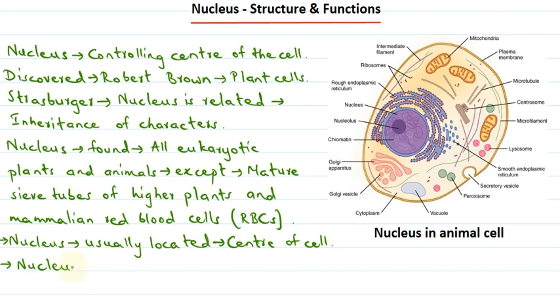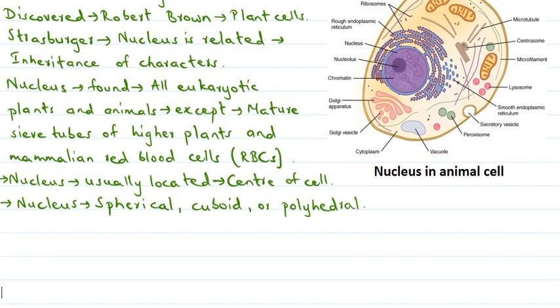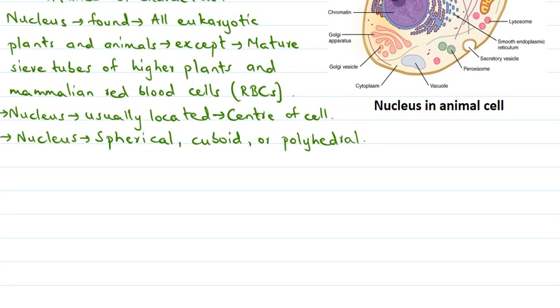The shape of the nucleus could be usually spherical, cuboid, or it can be polyhedral. Okay, so these could be the shape of the nucleus, and generally the shape of the nucleus is related with the shape of the cell.